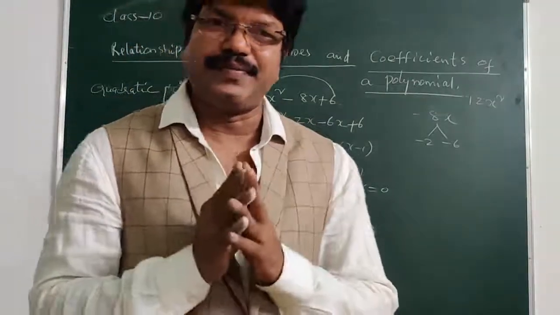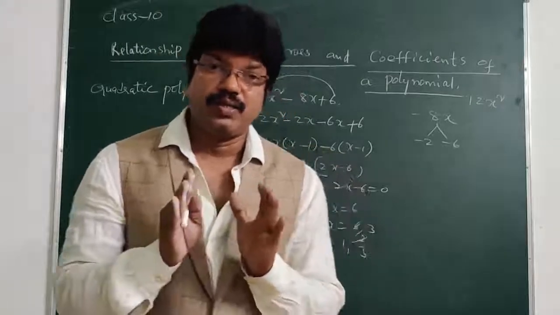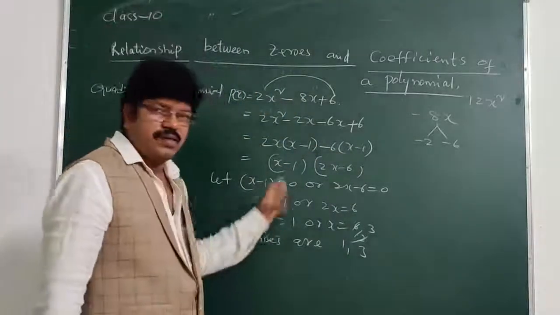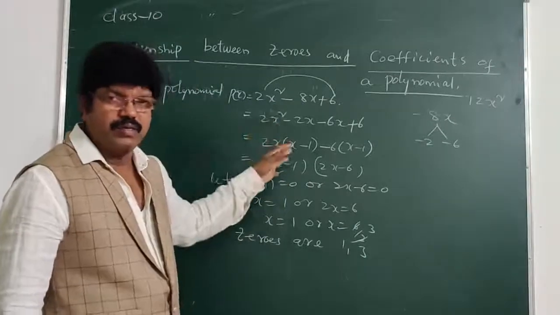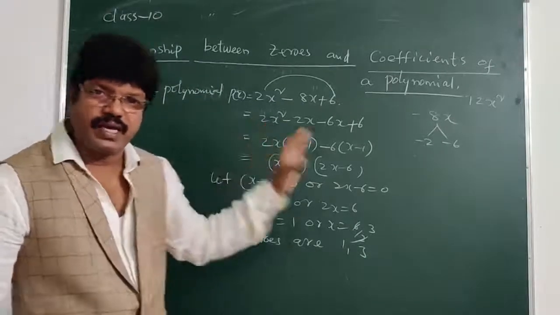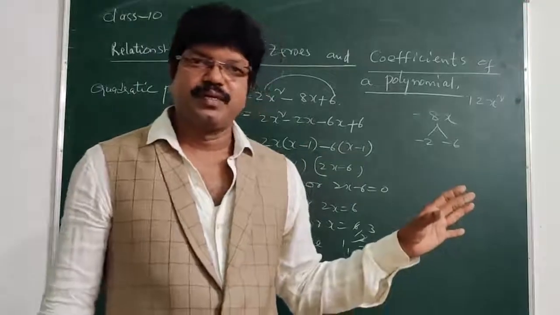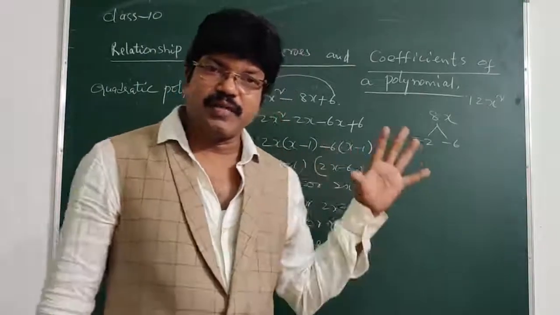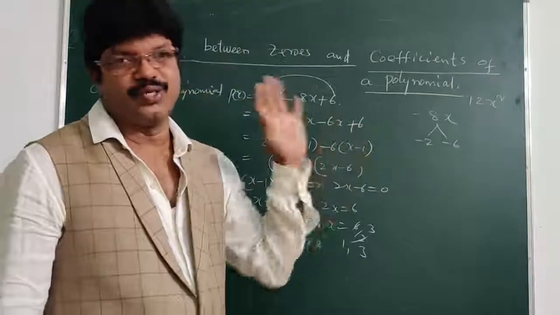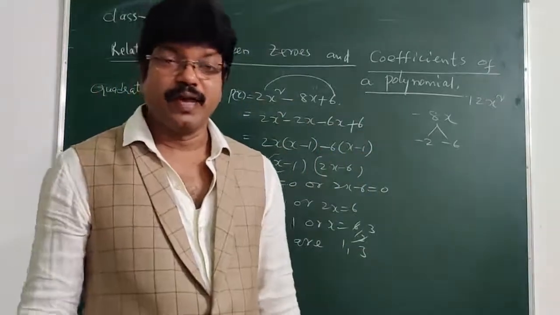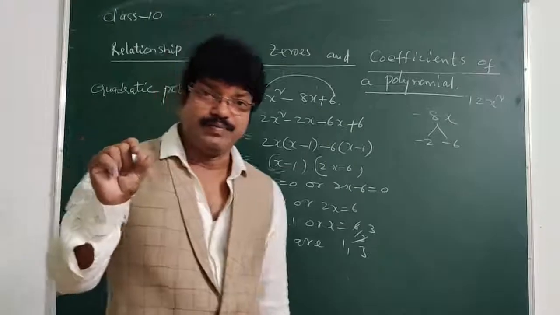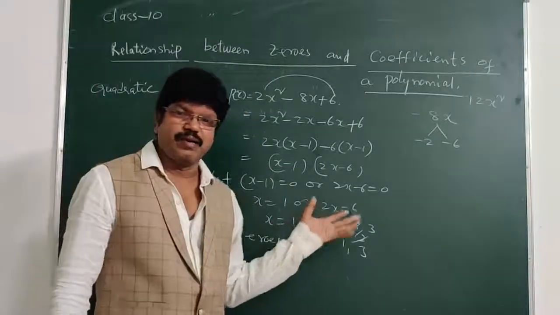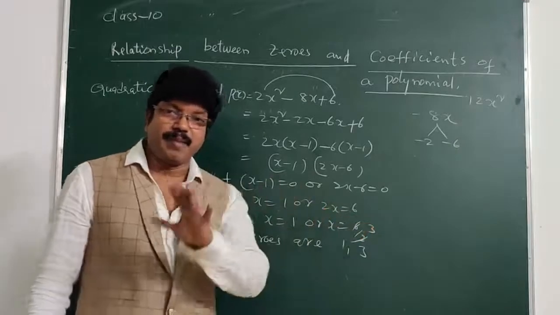Did you get clarity? Have you understood? What are zeros? Zeros means if you solve the given quadratic equation, the values of x are zeros. Values of the variable are zeros, either x or y or z, whatever it may be.